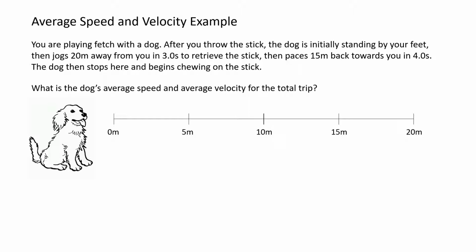So what does it say? The dog jogs 20 meters away. So it starts here, and it goes all the way out here. And instead of me saying final and initial, I'm just going to number these.